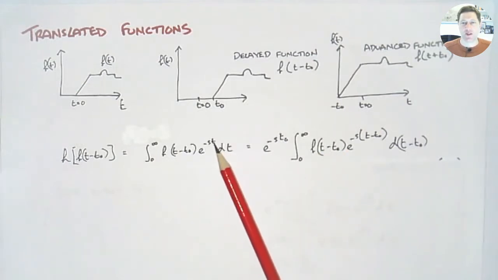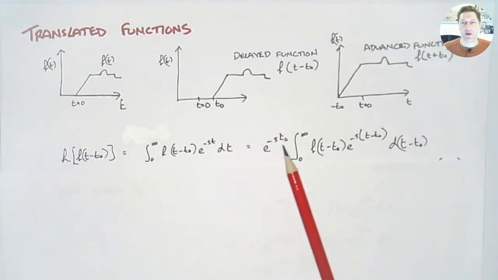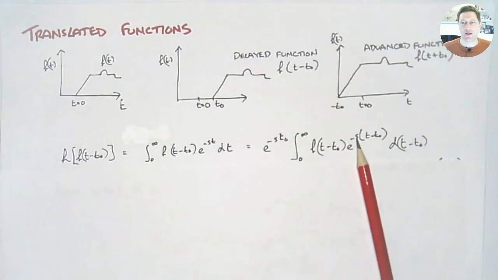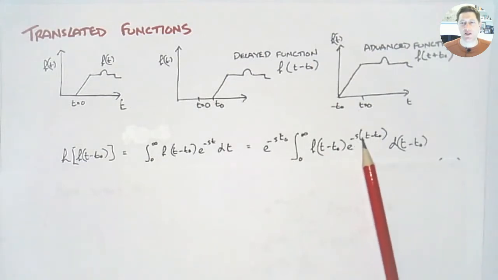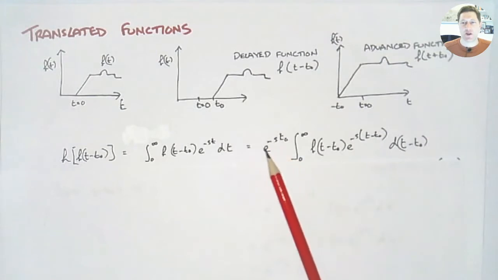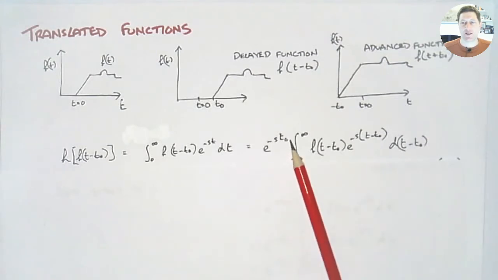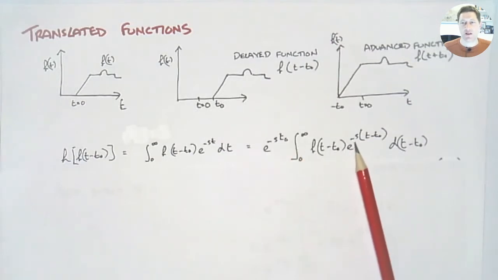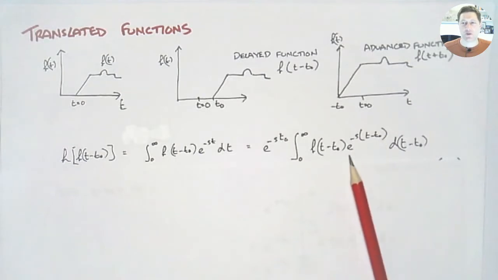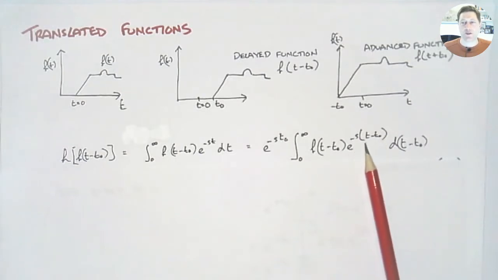So here we've got e to the minus st. Well, we can multiply by e to the minus s minus t, that's the same as e to the st, and multiply again by e to the minus st0, sorry, that's a t0. And so the combined effect of multiplying by e to the minus st0 and e to the st0 is equal to 1, unity. We've just introduced it so that we can then put this into this form t minus t0.